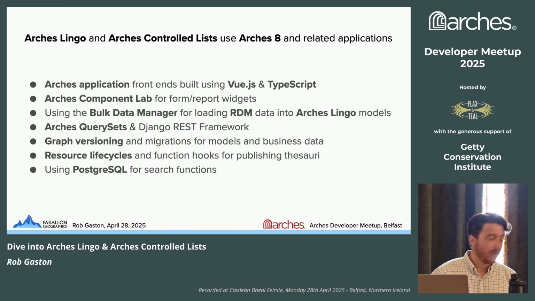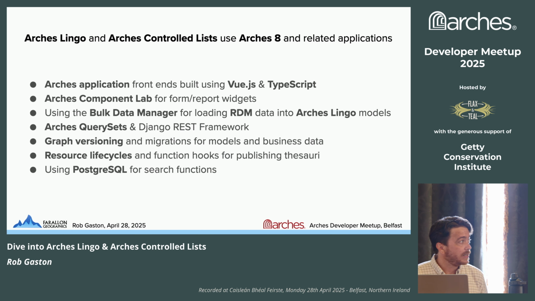There's a cool Arches application that we've called Arches Query Sets, which is really a data access layer that provides a Django-native way to access your Arches data in a more semantic way. And we're using that in conjunction with Django REST framework to create the APIs for Arches Lingo, which I think is a cool approach. And Jacob's going to be talking a bit about what Arches Query Sets is and how it actually works.